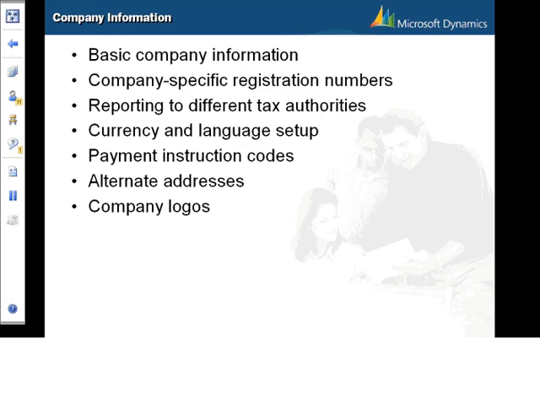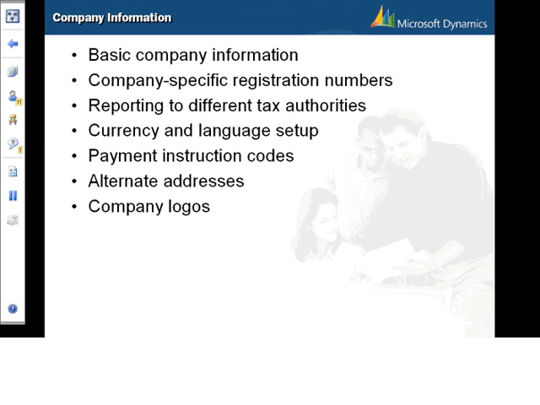So, company information. After the basic tables have been set up, the company information form can be filled in. The company information form holds all the data specific to and default for the Microsoft Dynamics AX company. In addition to holding basic company information, this form maintains the company-specific registration numbers, reporting to different tax authorities, currency and language setup, and payment instruction code.